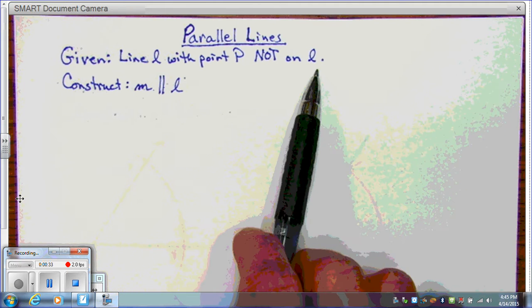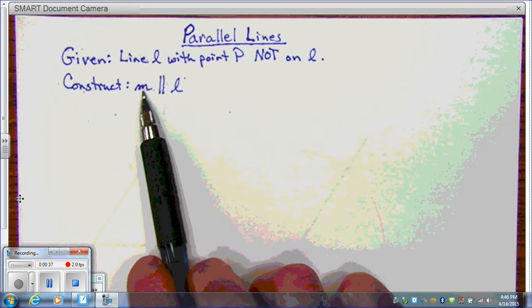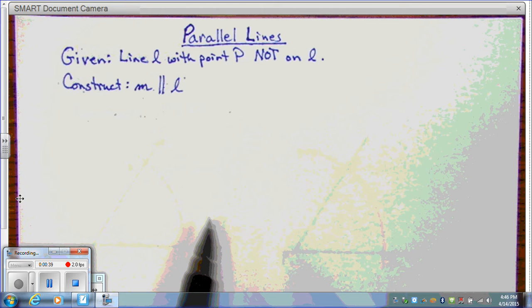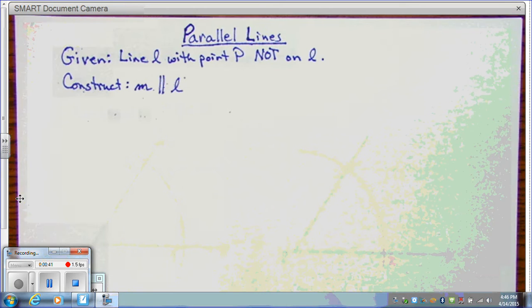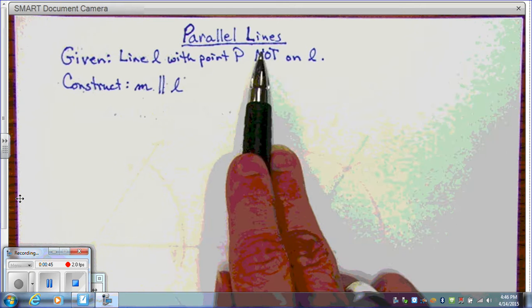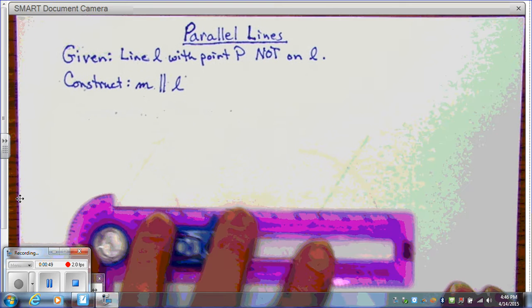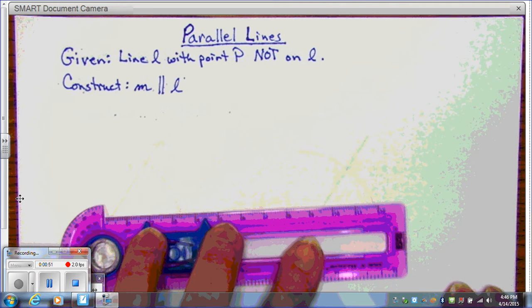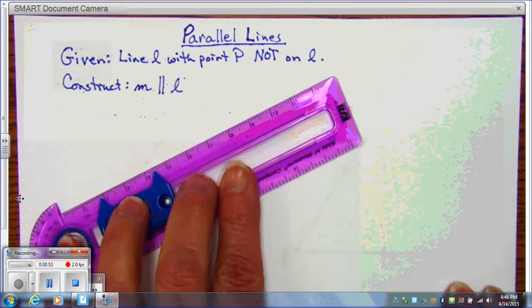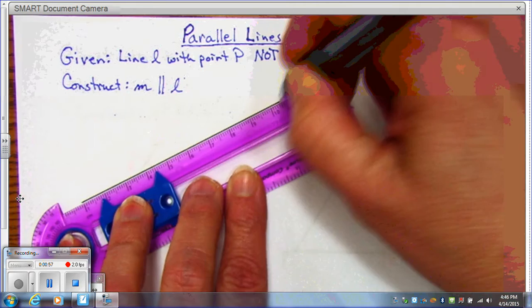All right, so you should have already written on your paper line L with point P not on L, and we want to construct M, that's line M, parallel to line L. So we need on our paper line L and then a point not on L. Previously, we've been drawing our lines horizontal. I want you definitely to turn your ruler, and we're going to draw a line at a slant, okay?